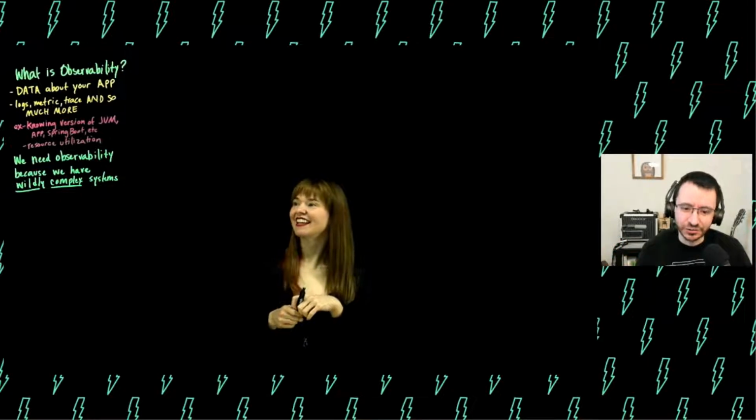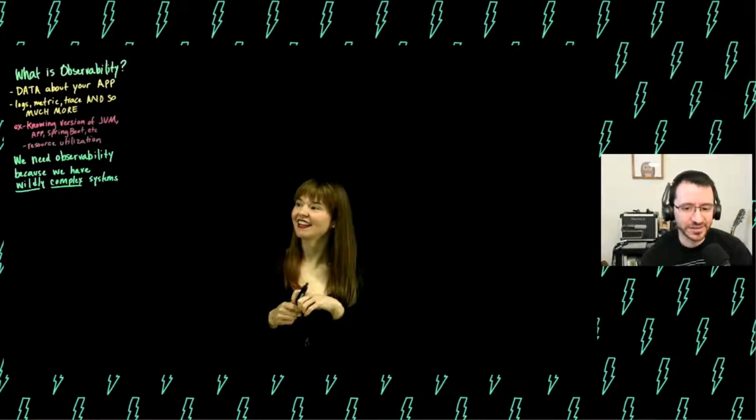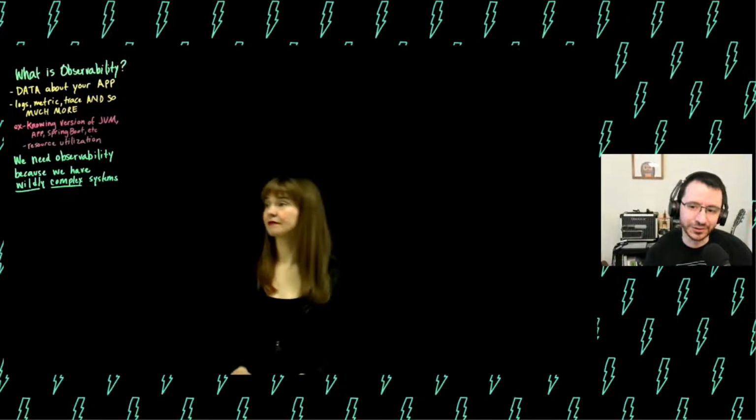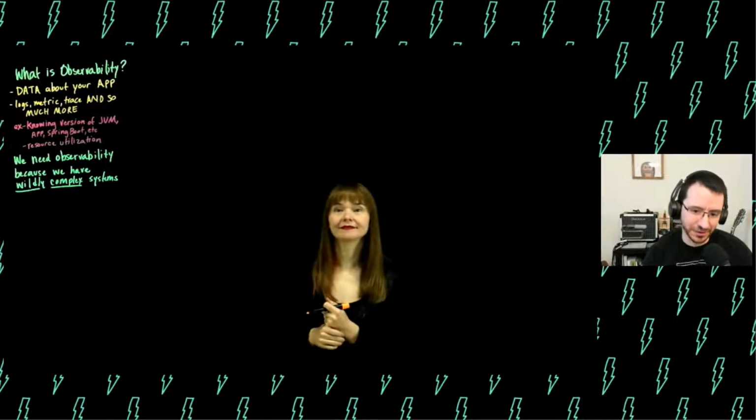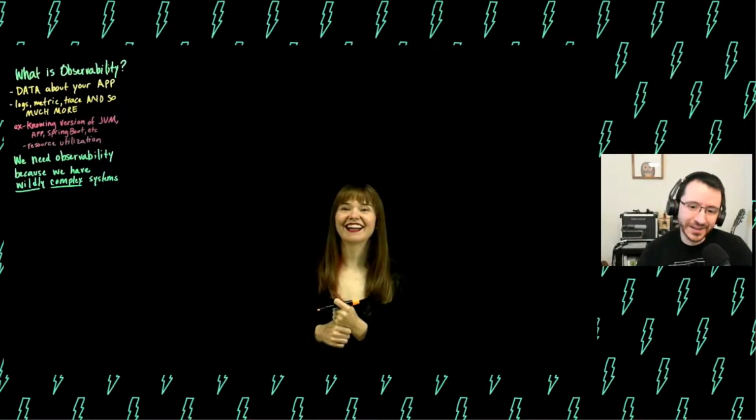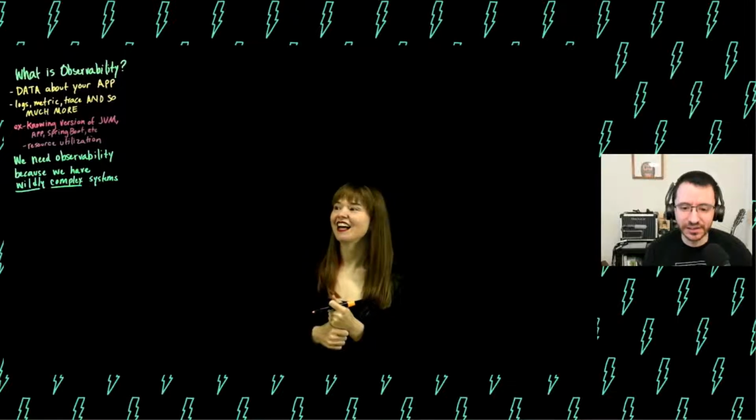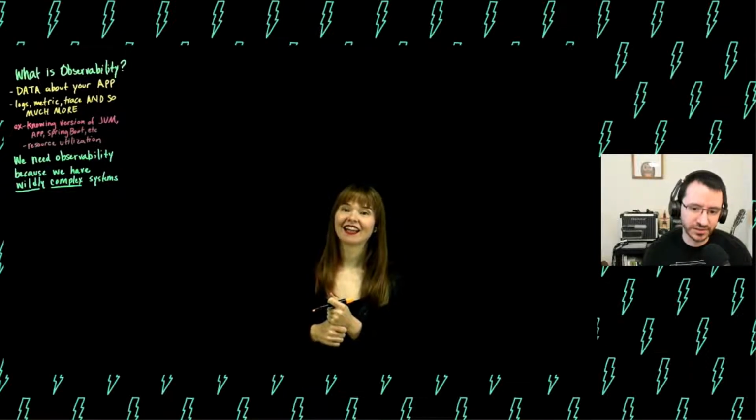Actually, there is another fold of this. Why do we need observability from the business perspective? And I guess the one word answer to that question is money. So it's complexity and money, because observability can help you reduce loss of revenue from production incidents.